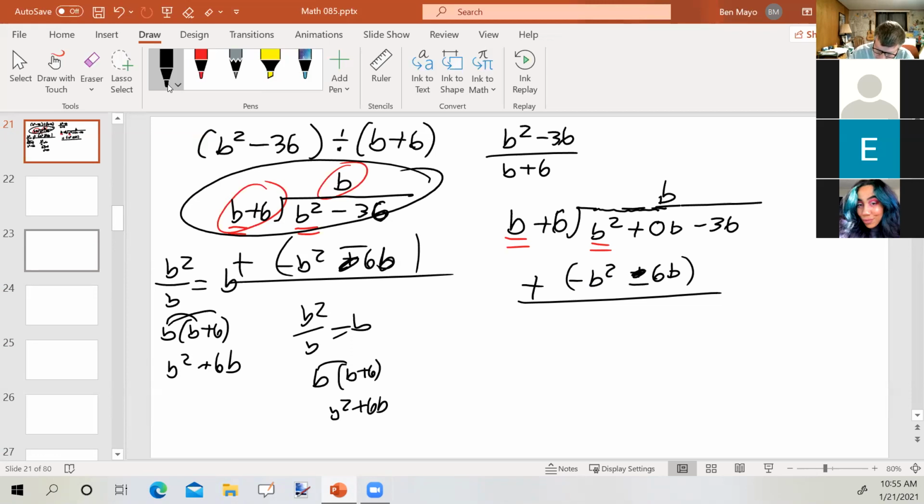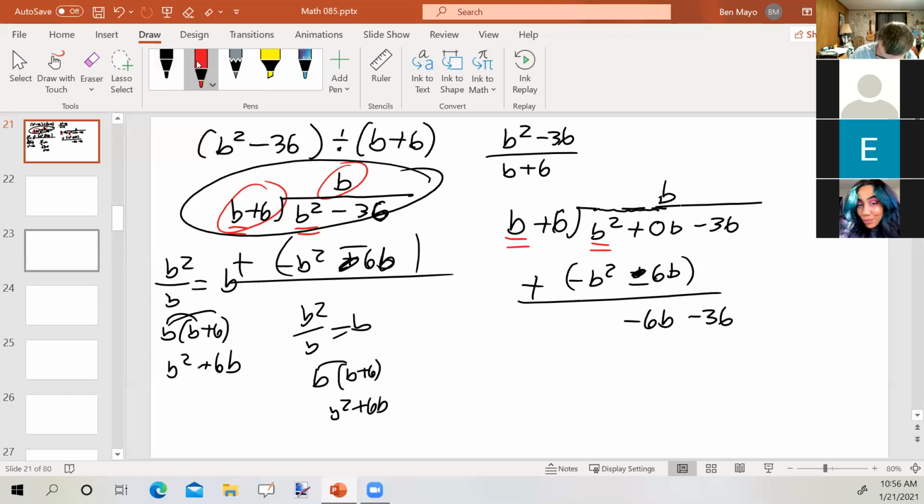B squared plus negative b squared is 0. 0b plus negative 6b is negative 6b. And then bring down the next term, minus 36. Okay, so are you seeing what I did there? I put a 0 in just to create a column for the b to the first power terms.